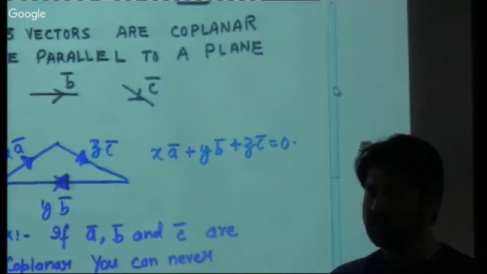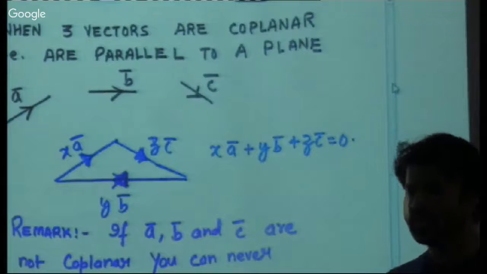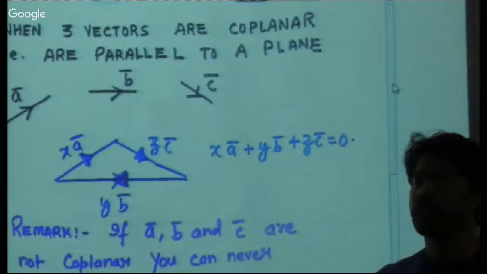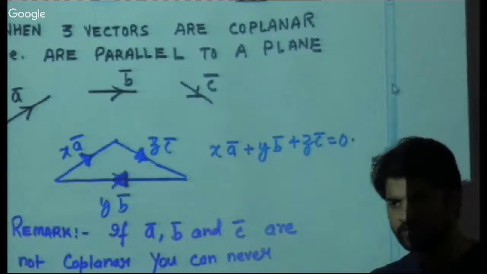If we are not able to write them as a linear combination, it means I am not able to create a triangle. And when it is out of the plane, it means the 3 vectors are not coplanar. So that's the condition.